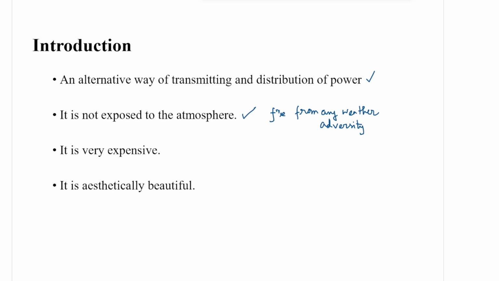However, this system is extremely expensive. This is the drawback from the economic point of view. But it is aesthetically beautiful, as the cable is laid underground and nothing is exposed to the atmosphere.